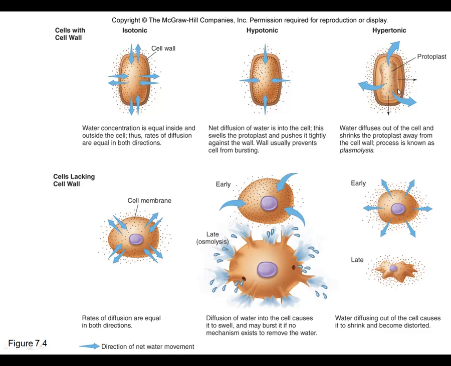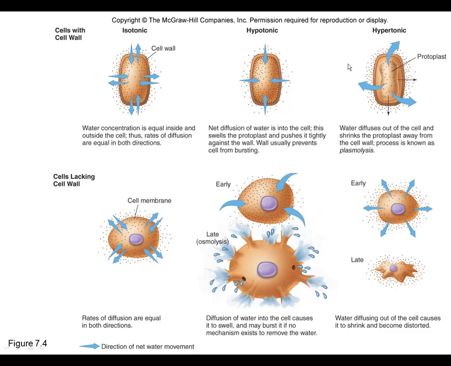Hypertonic solutions, basically what happens is we have greater concentration of solutes outside, lower concentration of solutes inside. Water is going to begin to move out of the cell. This is going to cause something called plasmolysis or crenation, where the cell is going to shrivel up.